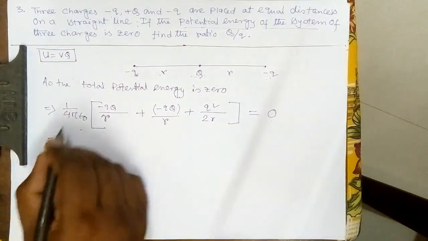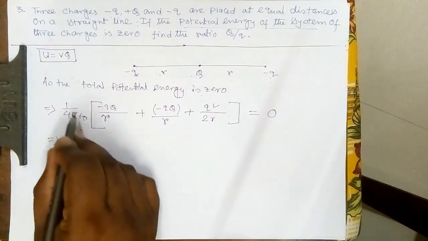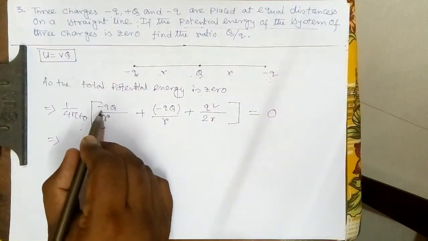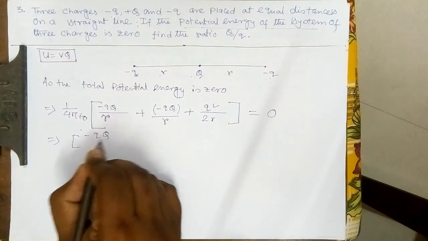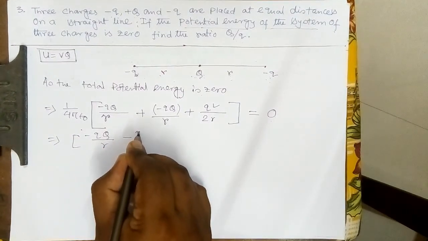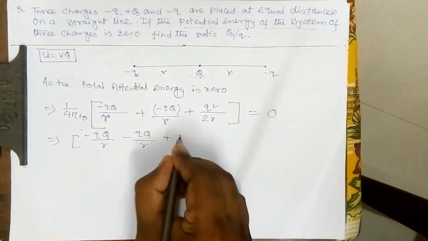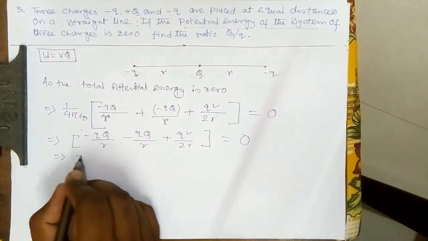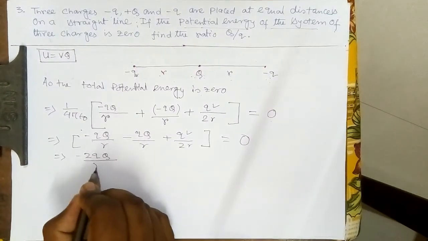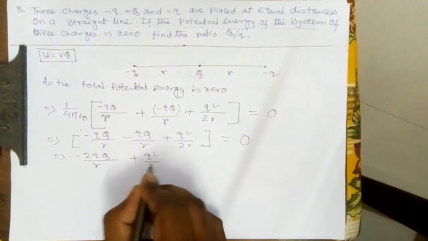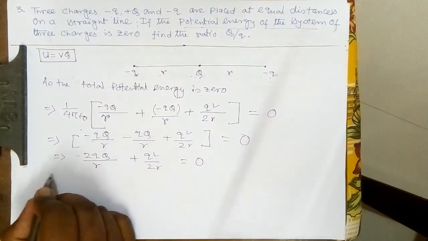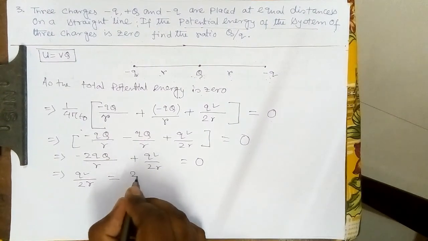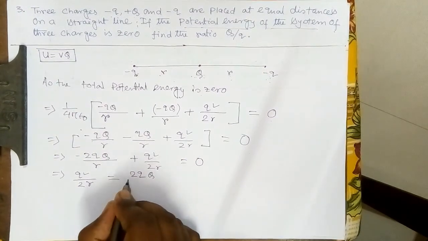So as it is 0, for the next line we need not write this 1 by 4 pi epsilon naught. We have taken it here, and it should be 0. So it is coming minus q capital Q by r minus q capital Q by r plus q square by 2r equals 0. So it is minus 2 into small q capital Q by r plus q square by 2r equals 0. If I take it to this direction, q square by 2r should equal 2 small q into capital Q by r.